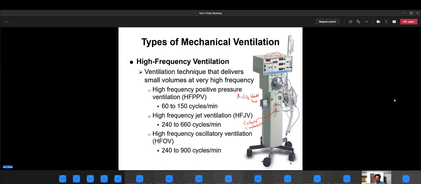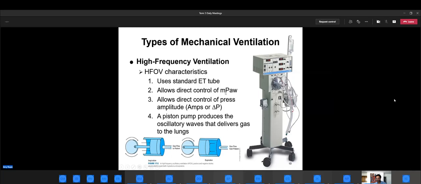And you'll see why, because this thing is generating anywhere from 240 to 900 breaths per minute, or cycles per minute. And that piston is going to need that gas to make sure it's moving like it's supposed to.